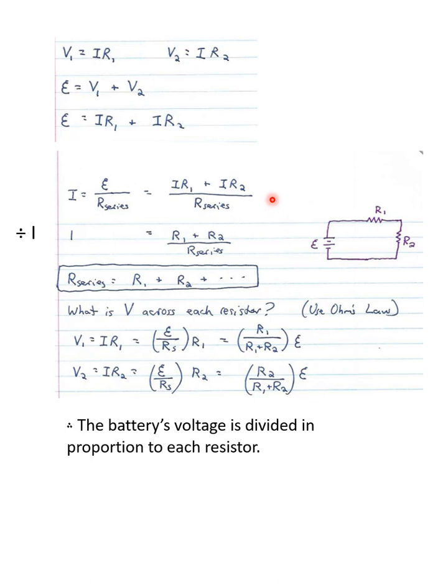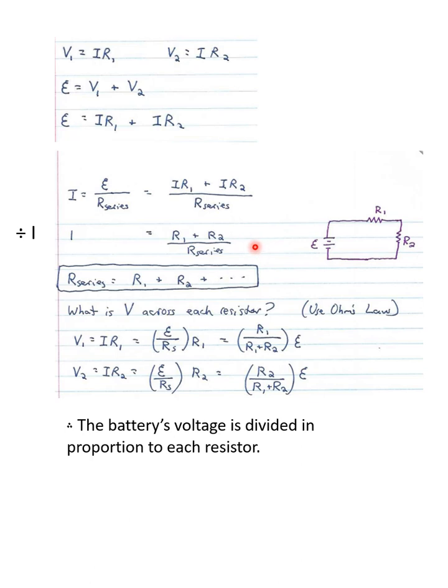Let's take this equation and divide it by I. Sorry that my I, or the font I, looks just like my 1. We're dividing by I, and we get 1 equals R1 plus R2 divided by R of the series.